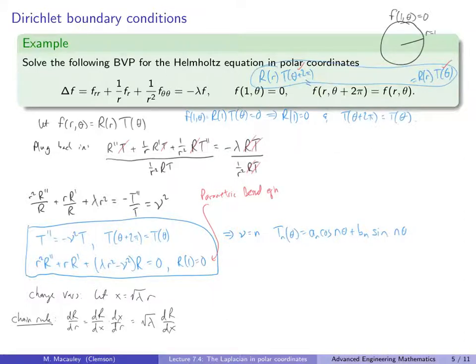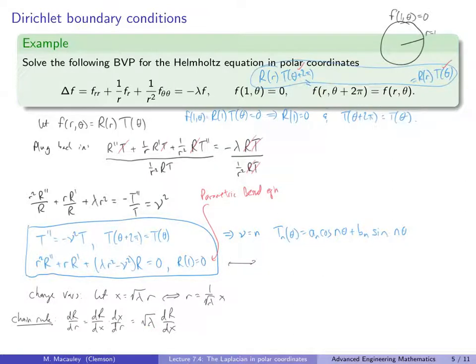This also tells us that r equals 1 over root lambda times x. So now if we write this using x instead of r, let's see what we get. First of all, we have an r squared here that is going to give us a 1 over lambda, but this r double prime is going to give us a lambda, because if we take two derivatives of R here, we're going to get a root lambda squared popping out, so just a lambda.